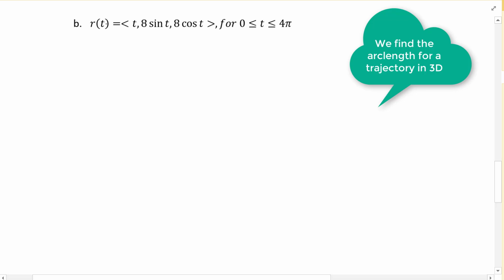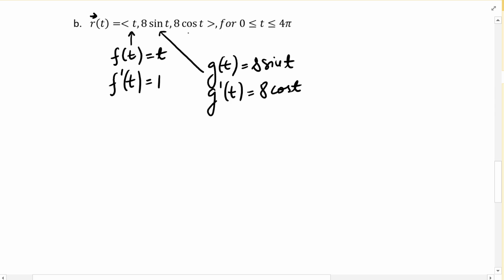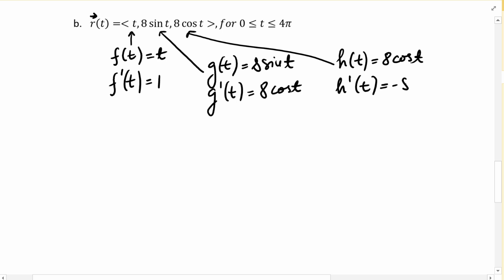For this one, we have r of t, and this is f of t, so f prime of t is 1, which we'll need. This is g of t, it's 8 sine of t, so g prime of t is 8 cosine t, and this one is h of t, which is 8 cosine t, so h prime of t is negative 8 sine t.